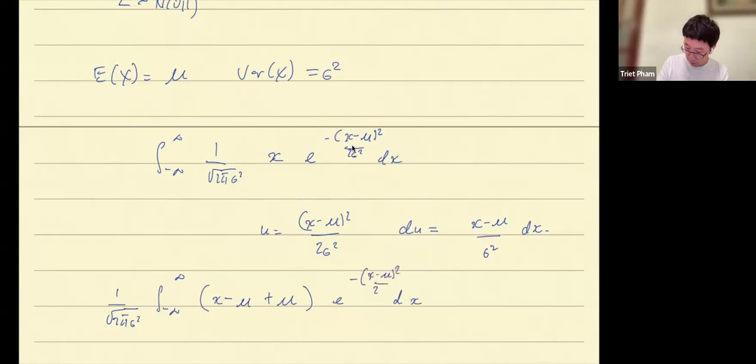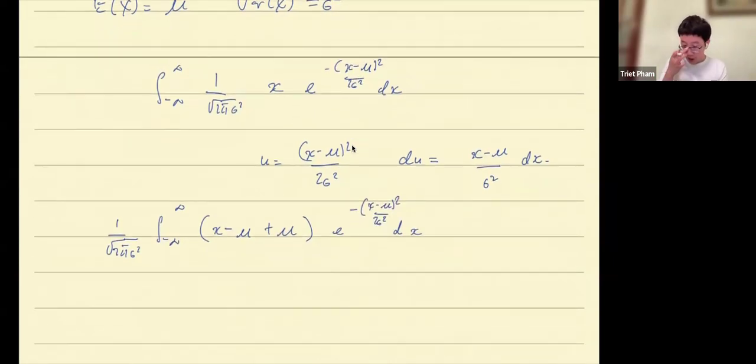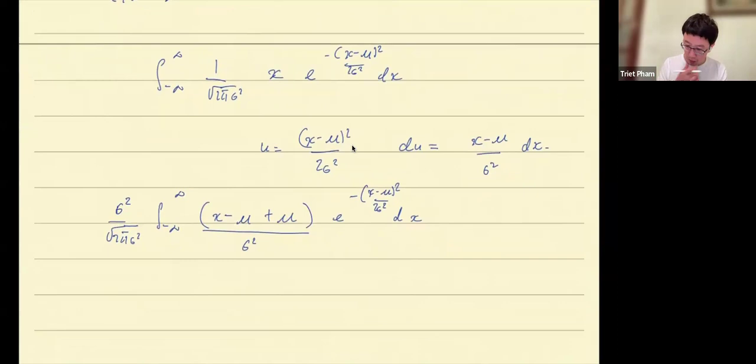Okay. And so I need to divide by sigma squared and multiply by sigma squared as well. Do I need to? Give me a moment.